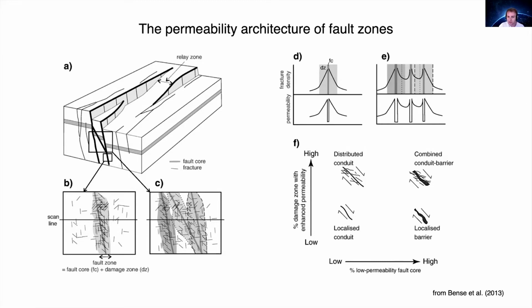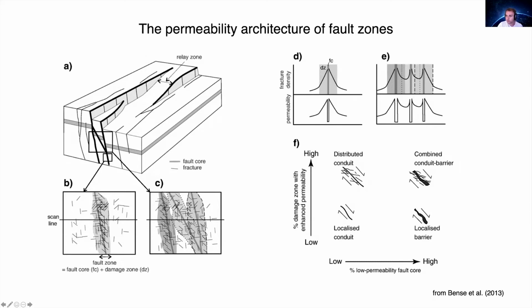Here, for example, is a line profile of permeability across a fault. In this case, it's this fault right here, where when you're within the damage zone, that's viewed as a high permeability medium because it's highly fractured. And then once you go across the core, that permeability drops significantly, at least in this framework.